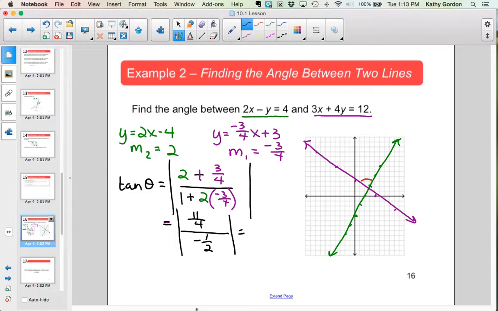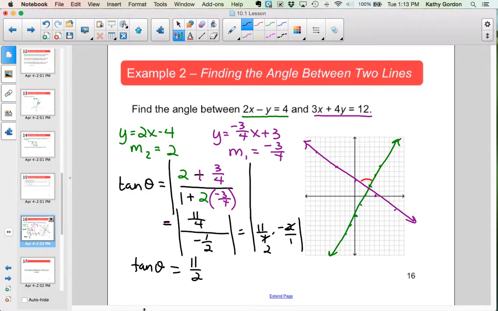Okay, so I'm basically taking 11/4 now times negative 2 over 1. So that's going to cancel, and I end up with negative 11/2. Absolute value of negative 11/2. But because all that's in the absolute value, I'm really talking about positive 11/2.